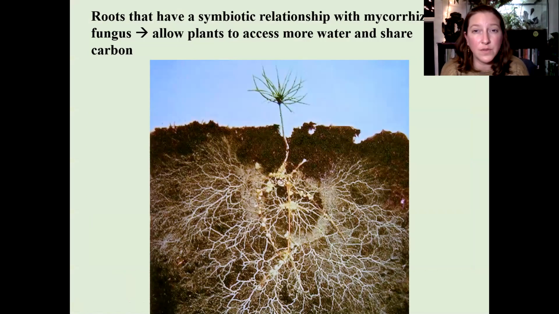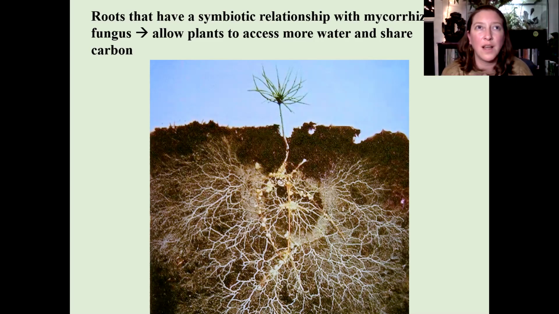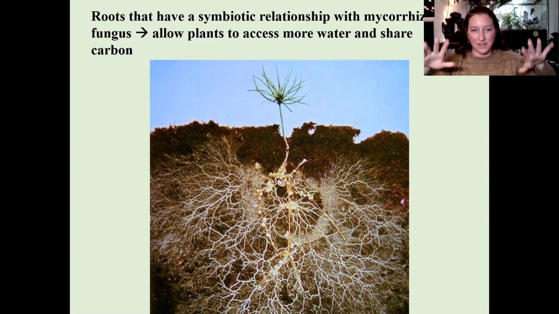This is another example of a symbiotic relationship where a certain kind of fungus, which is called mycorrhizal fungus, will enter roots. I don't know if you guys ever saw the movie Avatar. Remember how the roots of the trees in Avatar were connected?